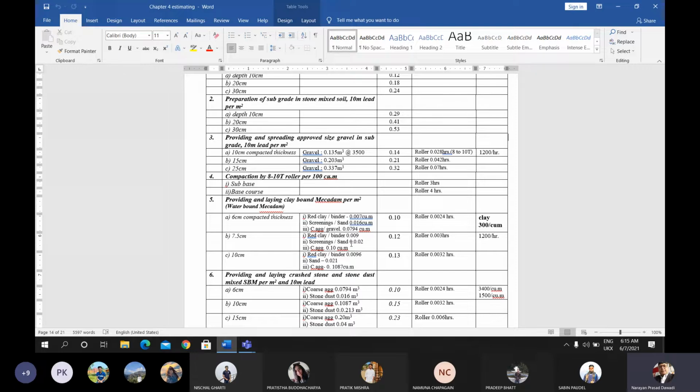Now, red clay is a binding material, so it is also called binder. That can be taken as 0.007 cubic meter for 1 square meter area of 6 centimeter compacted thickness. Now the screening material can be sand, coarse sand, and that may be taken as 0.0016 cubic meter.